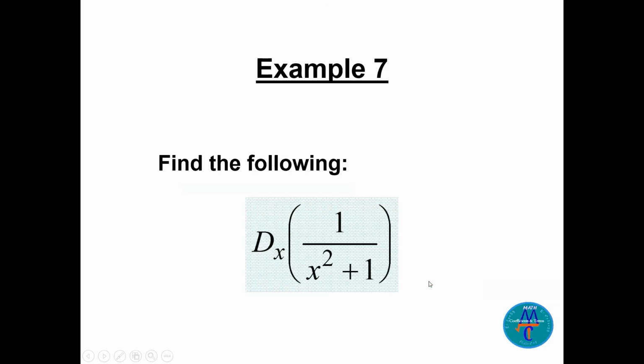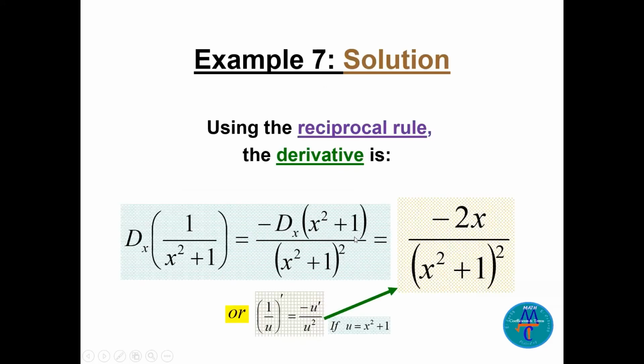Let's apply that. Find the derivative of 1 over x squared plus 1. Example 7. So we need the derivative of 1 over this function, so we can use the reciprocal rule. It's minus the derivative of x squared plus 1 divided by (x squared plus 1) all squared.